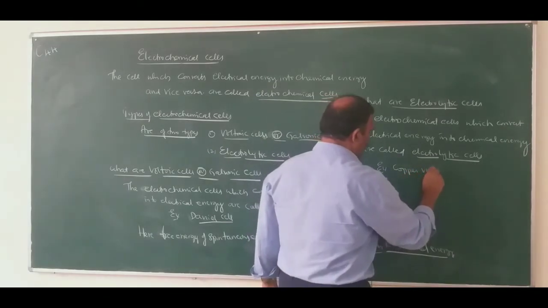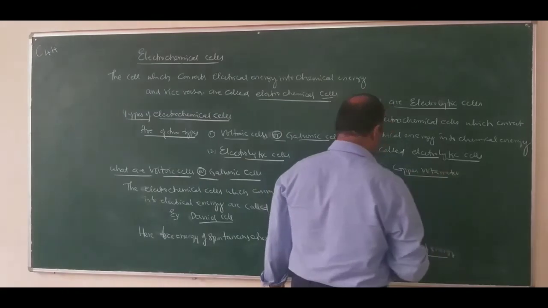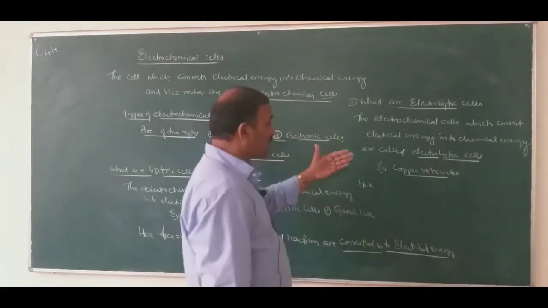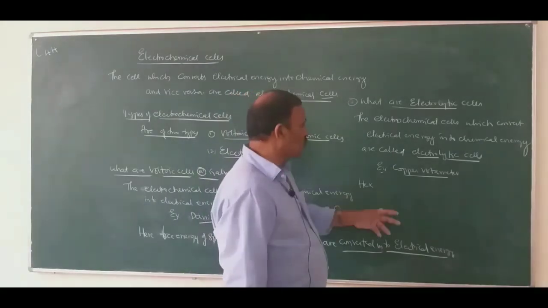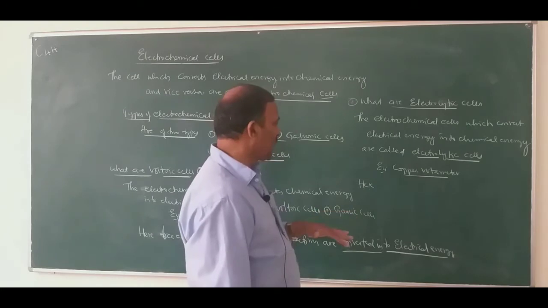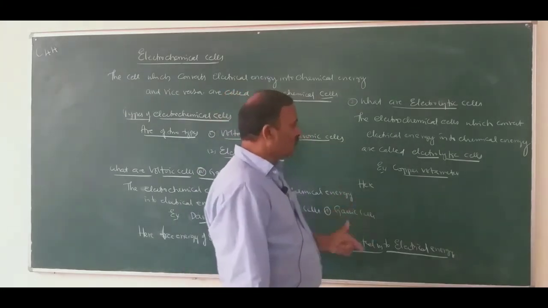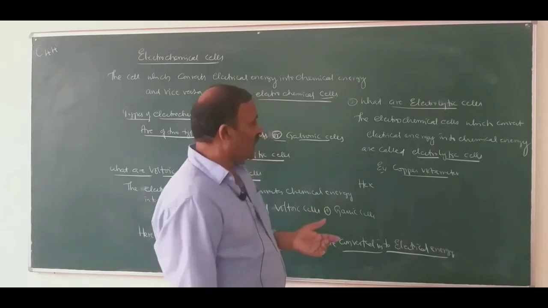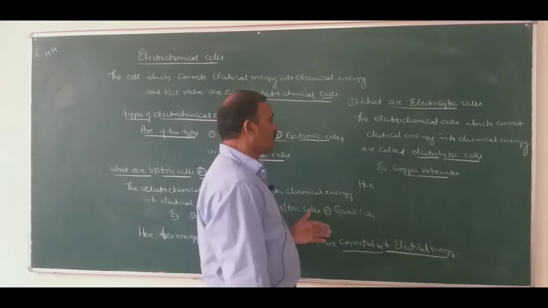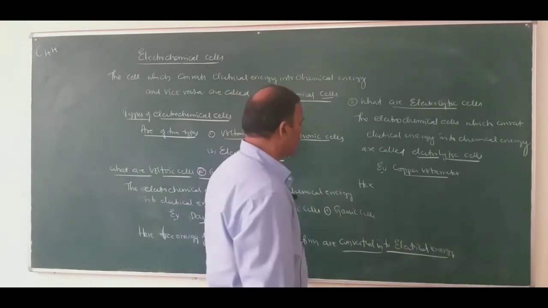Example: copper voltmeter. So here what happens? Electrical energy is used to bring about non-spontaneous chemical reactions. The reactions which are not occurring at room temperature are made to take place by the use of electric energy. So that is the work done by electrolytic cells.